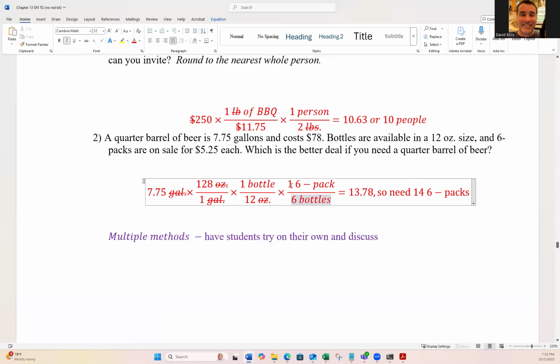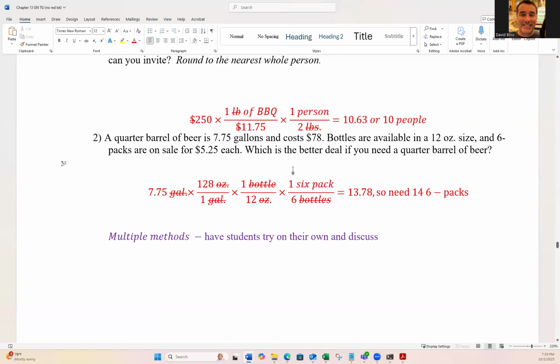And then we need to, this is a little tricky, change bottles to six packs. So one six pack equals six bottles. So it might be better to actually write this like this.